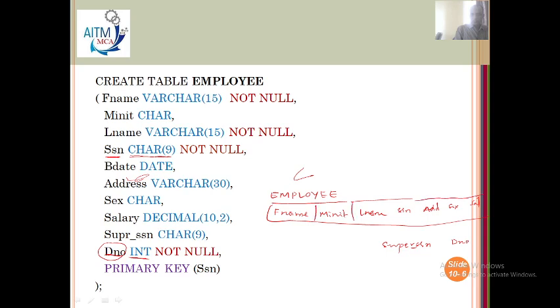First name, last name, initial, address, sex, salary. Then super SSN and department number. Here the SSN number is the primary key. Is it clear now?